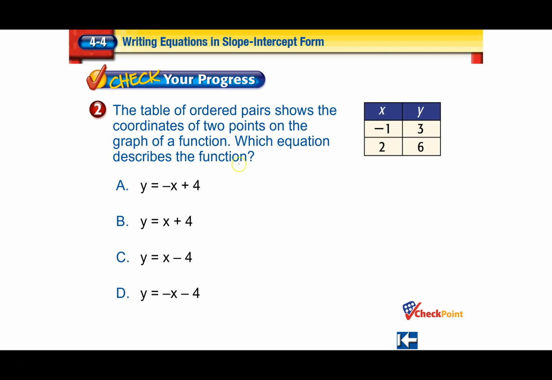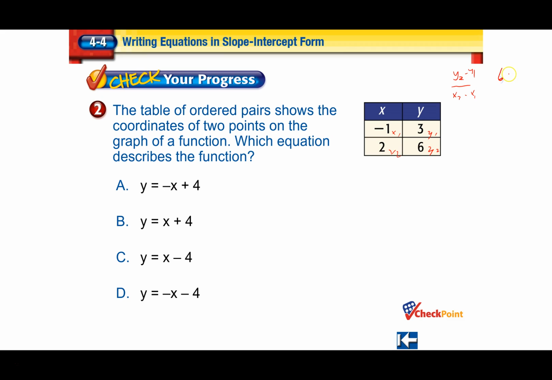All right, so we have to find which one of these describes the function. So we have to create this. Looks like a y equals -x plus b, or positive x. So we take our 2 points and put them in our formula. So we have y2 minus y1, and then x2 minus x1. I'm going to call this x1, x2, y1, y2, so I know which one's which.